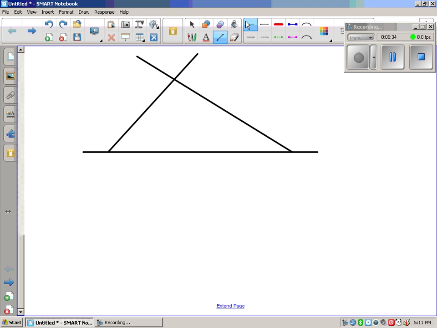So I'm going to tell you that this angle is 50 degrees. This angle is 60 degrees. Find all the rest of the angles. So you start off by finding the angle in the triangle. So this is the first one you're going to find.